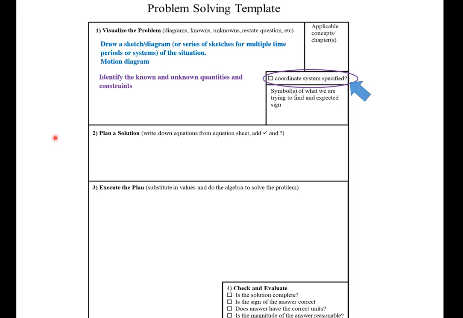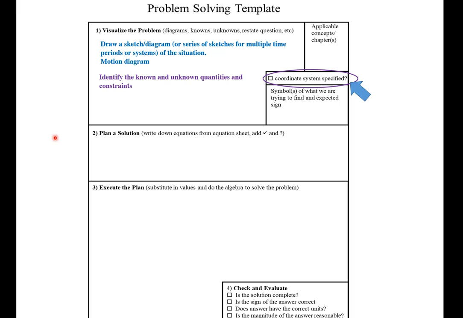If I ask you to calculate the final velocity of the object, you should first identify the knowns and unknowns. You know the initial velocity, it's 0, and the acceleration is a known quantity, and also you know the time interval, or the elapsed time, is 5 seconds, and the unknown quantity is the final velocity.